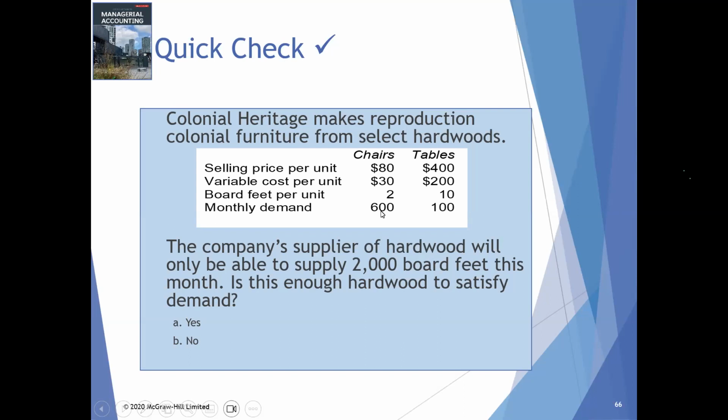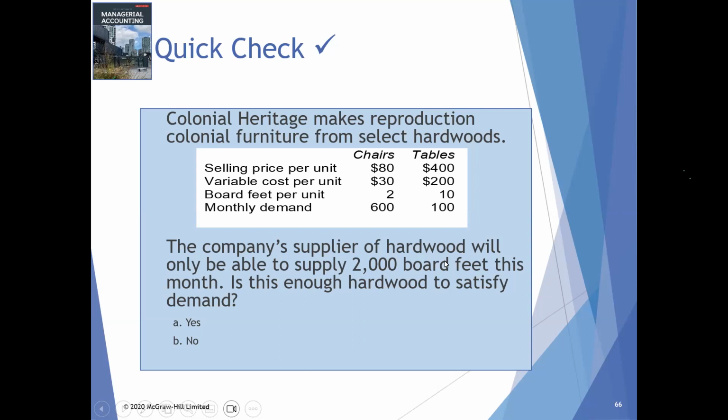Now you need to calculate how much board is required, first of all, because we are going to compare with the board feet. So board feet per unit we have: 600 into 2 is 1200, and 100 into 10 is 1000. So total will be 2200. So 2200 board feet of demand is there, but only 2000 board feet is available.